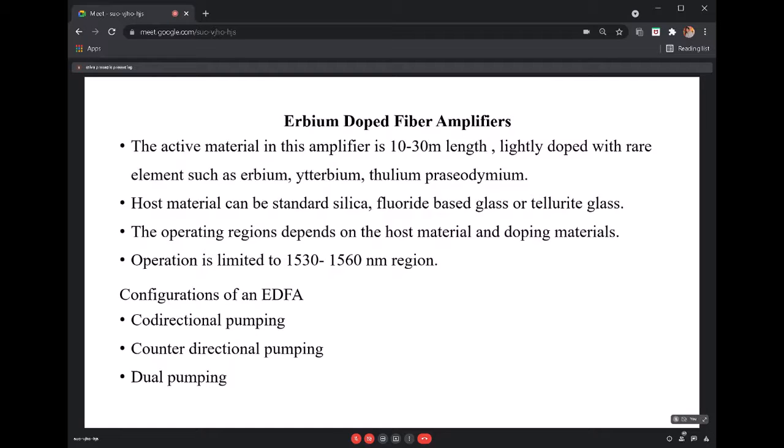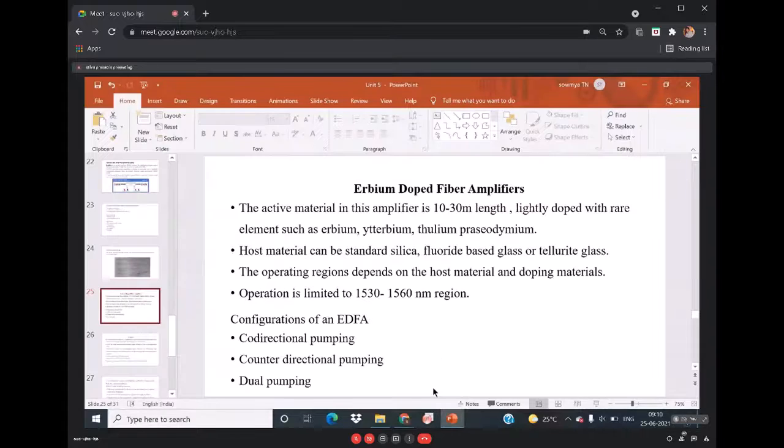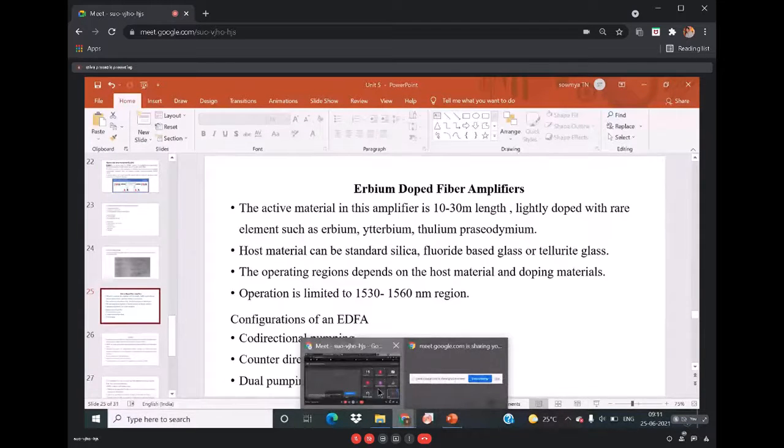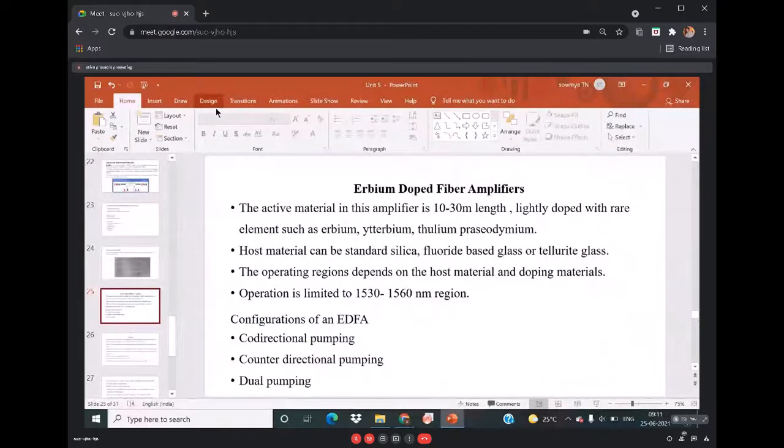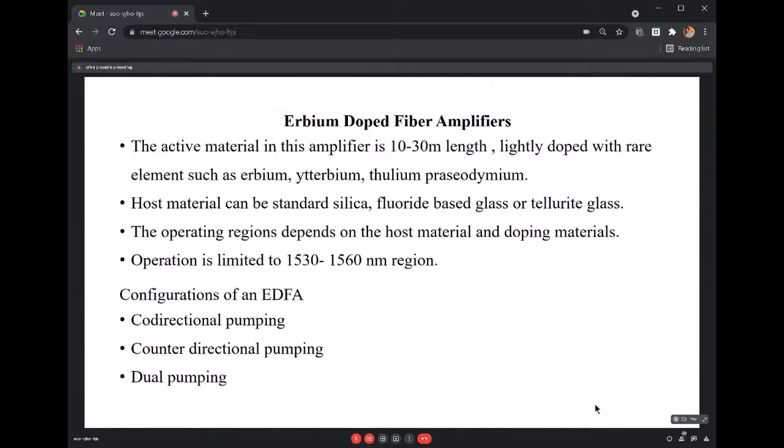So what I am trying to say here is the amplifier will be here. For example, I will be using Jamboard once again. Okay, you imagine that there is an amplifier here. In the previous stage there will be a wavelength selective coupler.